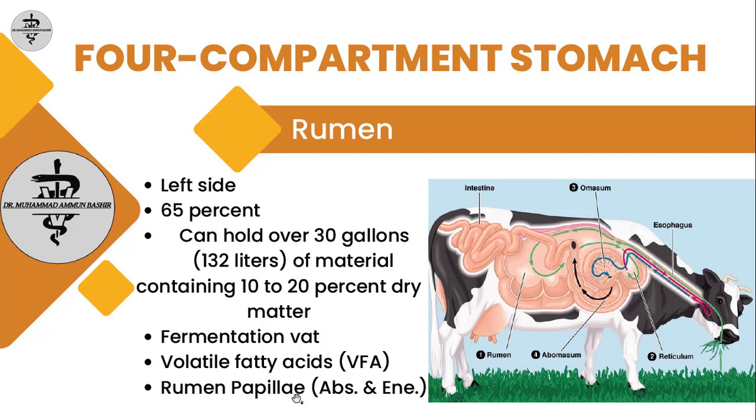The papillae will work more and absorb more volatile fatty acids, and ultimately the cow will produce more milk and do well in reproduction and other parameters. But if the cow is energy or starch deficient, the rumen papillae will not work properly, will not absorb volatile fatty acids properly, and ultimately the cow will be energy deficient.